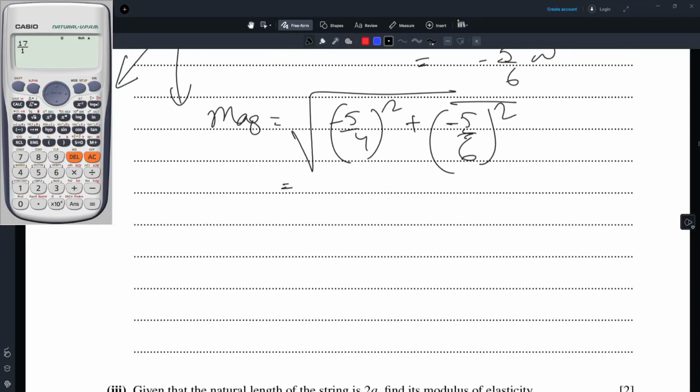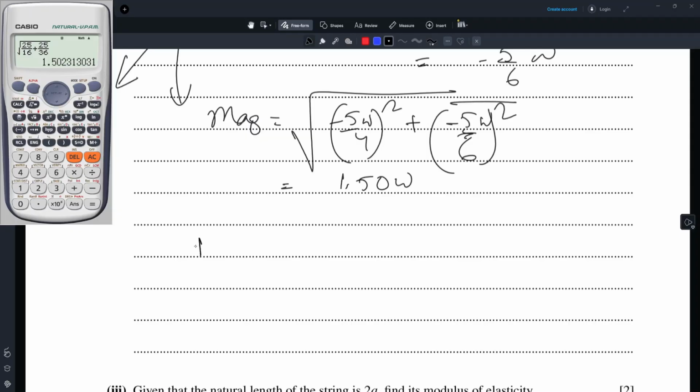So first of all, we have 25 by 16 plus 25 by 36. We have 1.50 W. All of these have W, by the way.